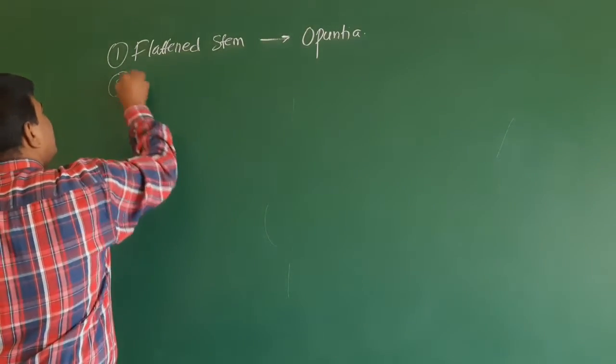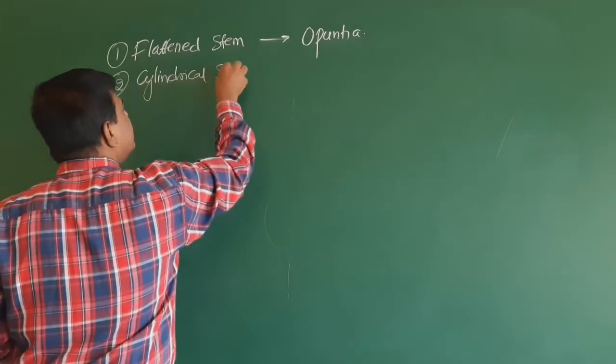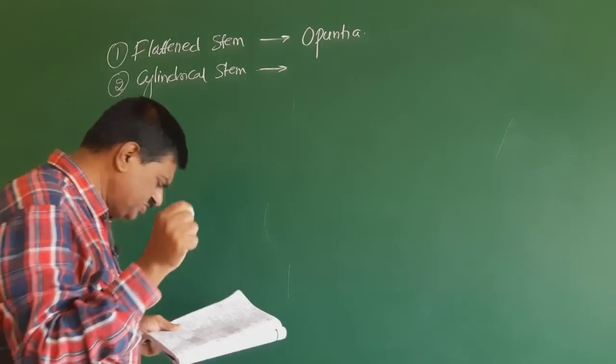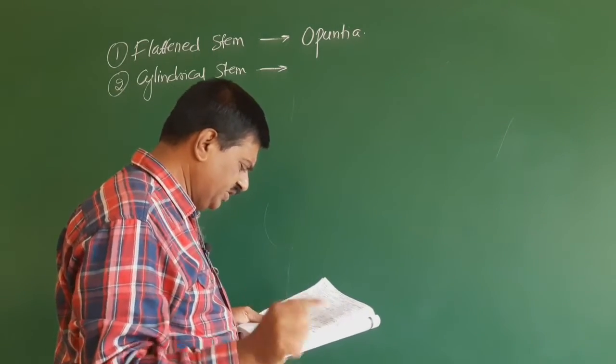The second one is cylindrical stem. Here the stem is cylindrical and this can be noticed in the bougainvillea.